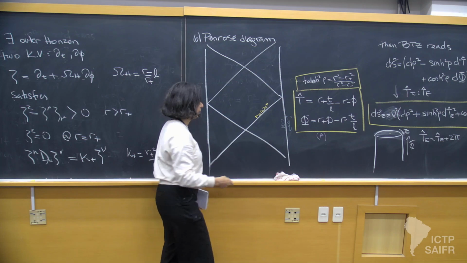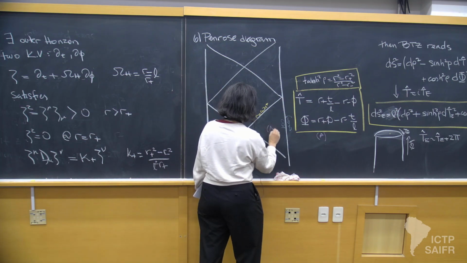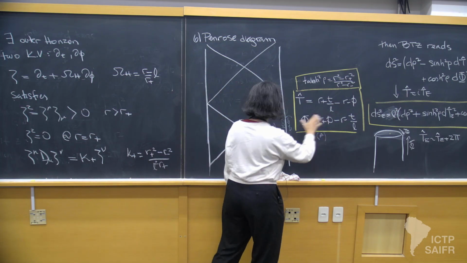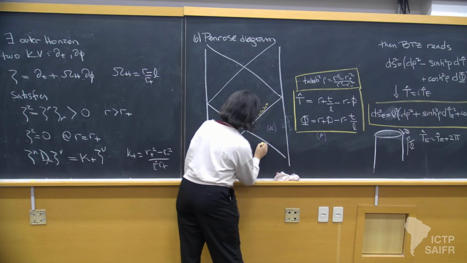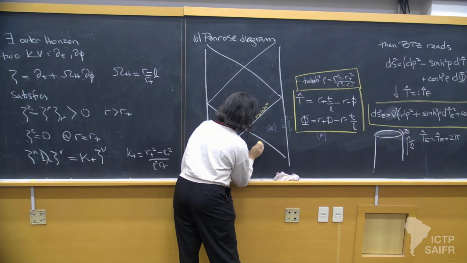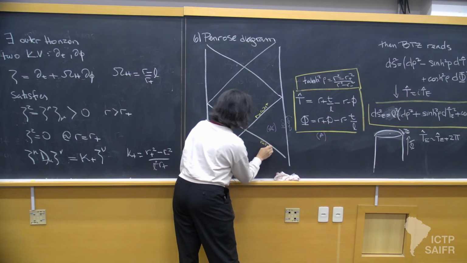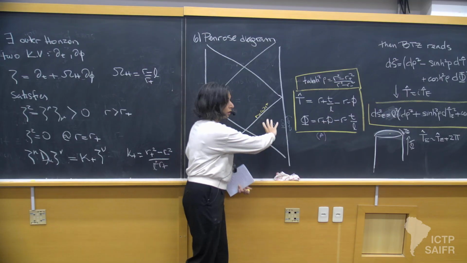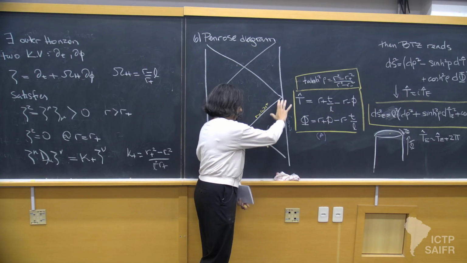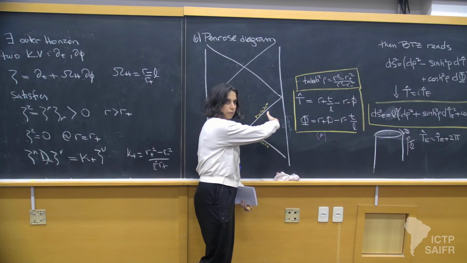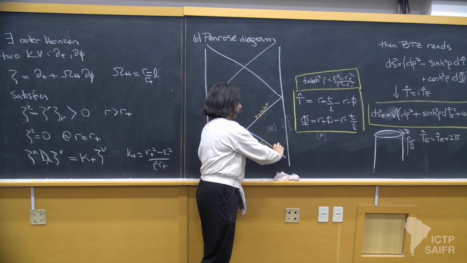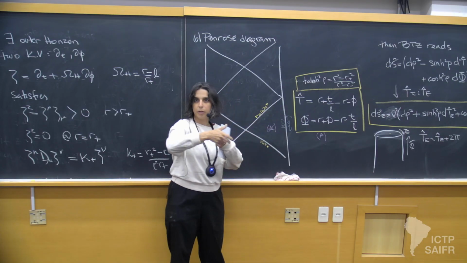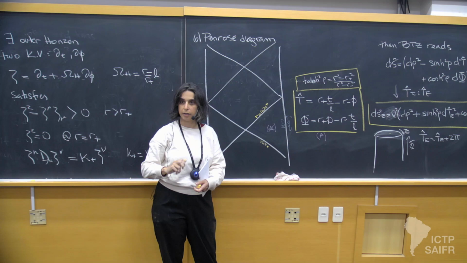Okay? So when we were going through this, we were just looking at this patch of the geometry. And here again, I have r equal to r₊ on this solution. And when we were doing the Euclidean analysis, this is the portion that I was taking into Euclidean signature. Okay? The solid torus is basically taking this patch of the geometry to Euclidean signature, and then we were seeing that the two solutions were related.